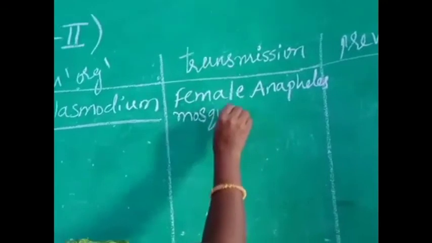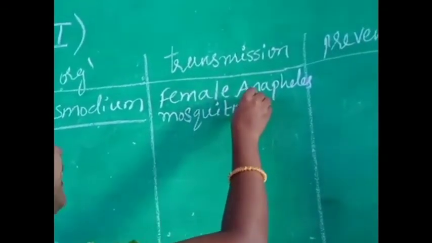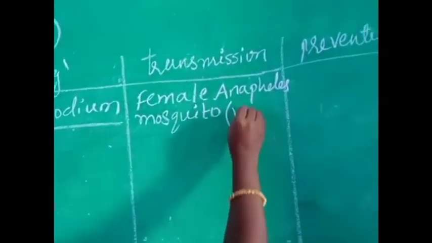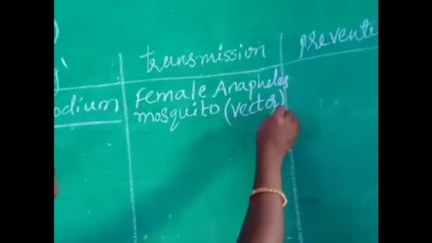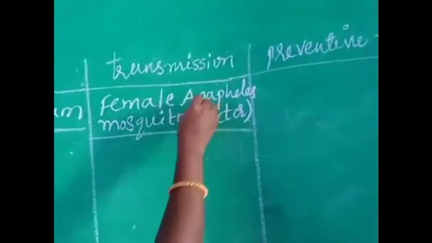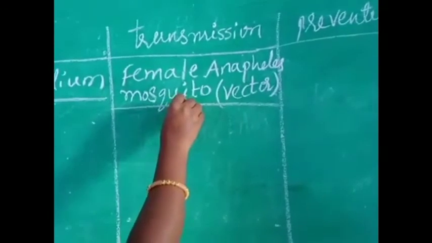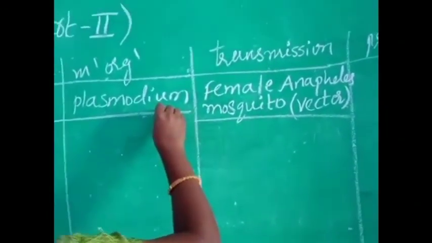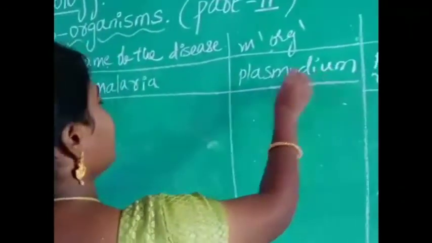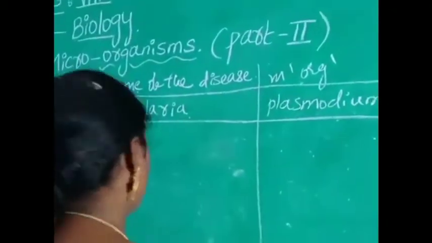Very important: female Anopheles mosquito. It is a vector that carries plasmodium. This plasmodium causes malaria in human beings.